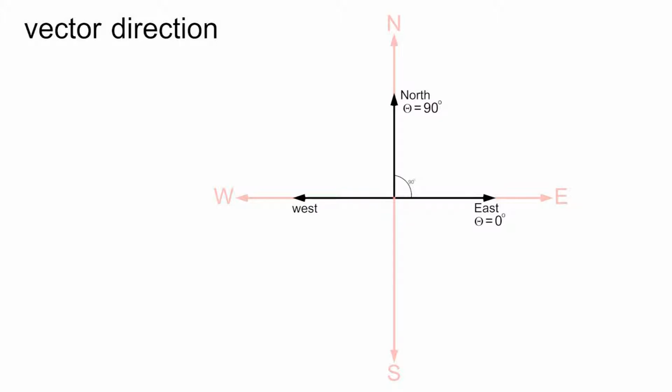Vectors going toward the left will be directed toward west and will make a 180 degrees angle. And finally we have the south direction that makes a 270 degrees angle.